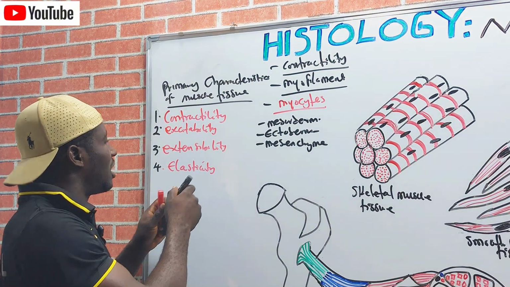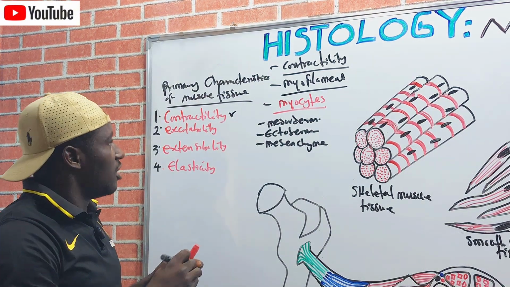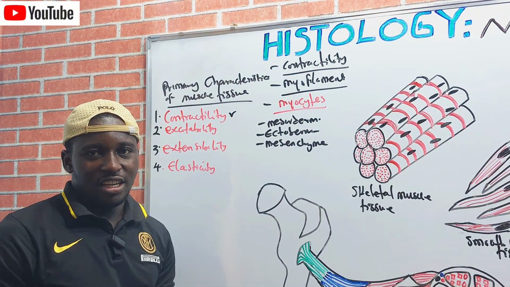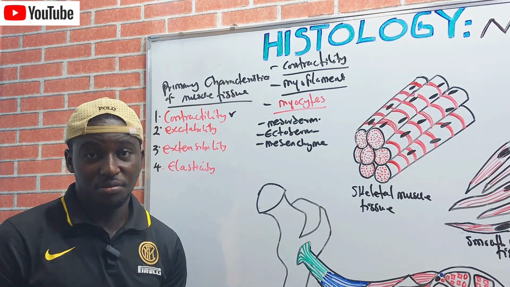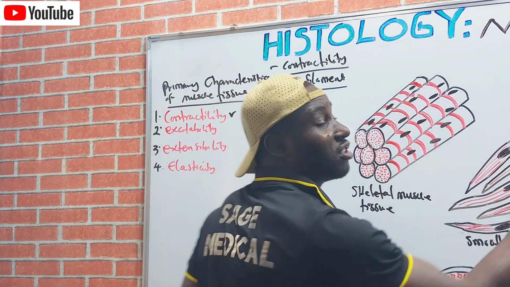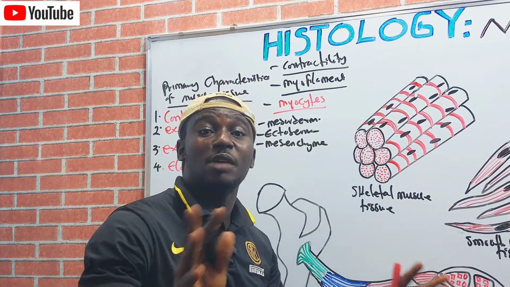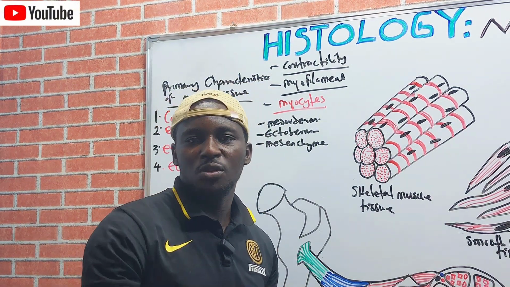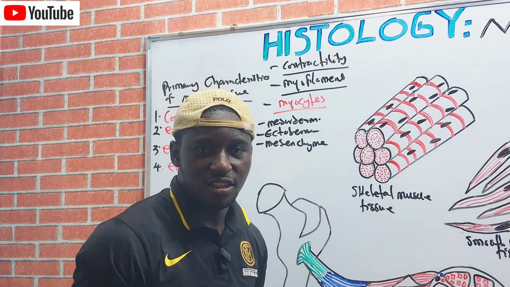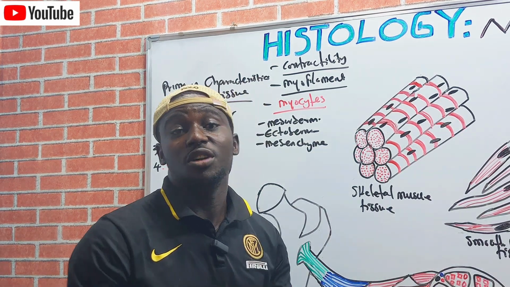In respect to contractility, contractility is the universal muscle cell property because every muscle must contract. That is why it is a universal muscle property. It's like what we normally say about ATP, which is the universal energy currency of the body.